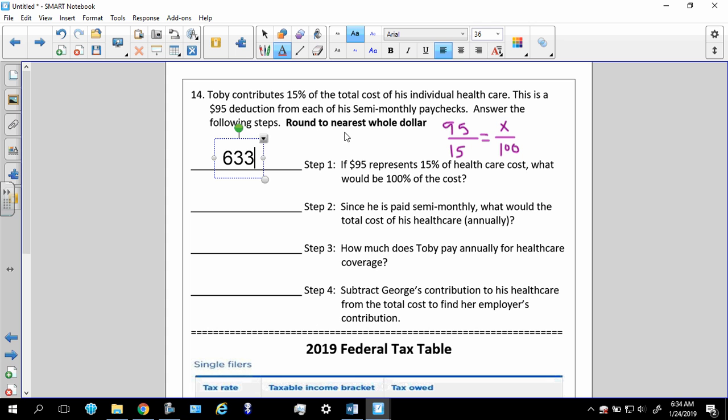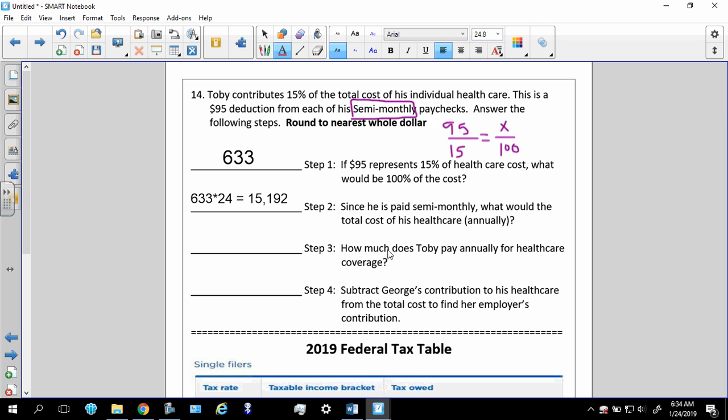It's $633 because I rounded to the nearest whole. Now, this is how much it costs to insure him every semi-month. So we got to convert that to yearly. So I'm going to take 633, I'm going to multiply that by 24. And when I do that, I get an answer of 15,192. All right, maybe I should have written that a little bigger. There we go.